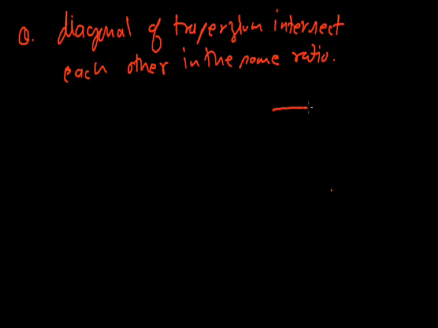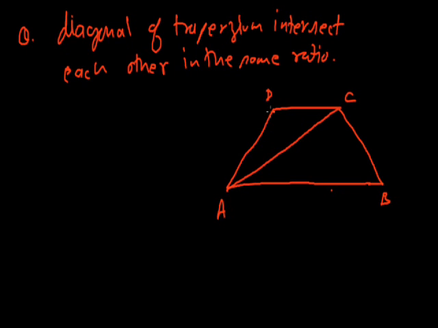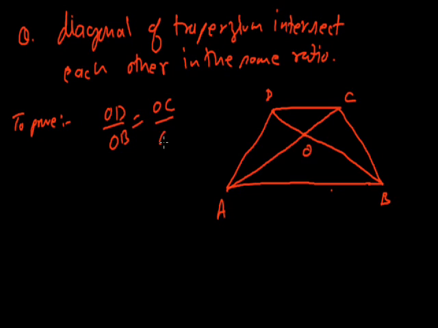It means there is a trapezium ABCD and there is a diagonal AC and a diagonal BD. Let's say they intersect at the point O. And what we have to prove? We have to prove that OD upon OB is equal to OC upon OA.